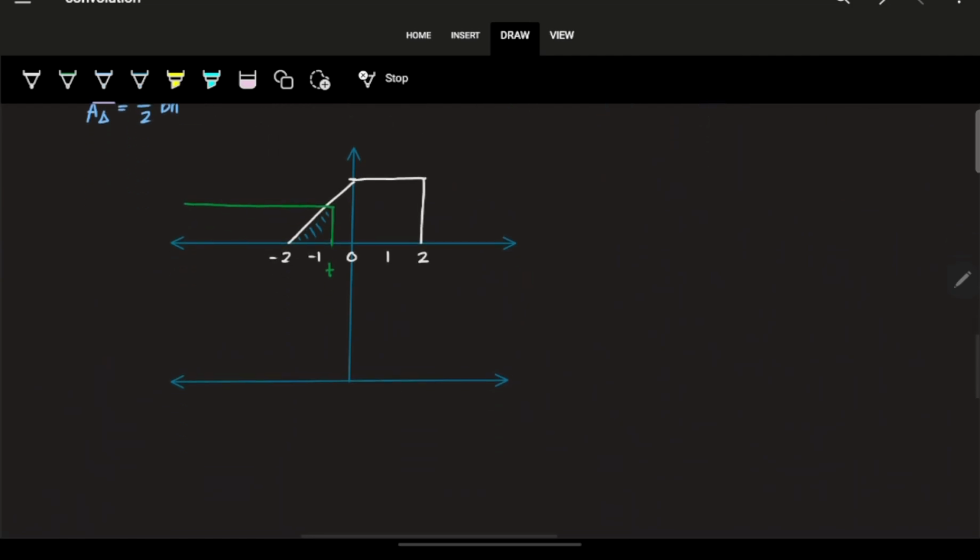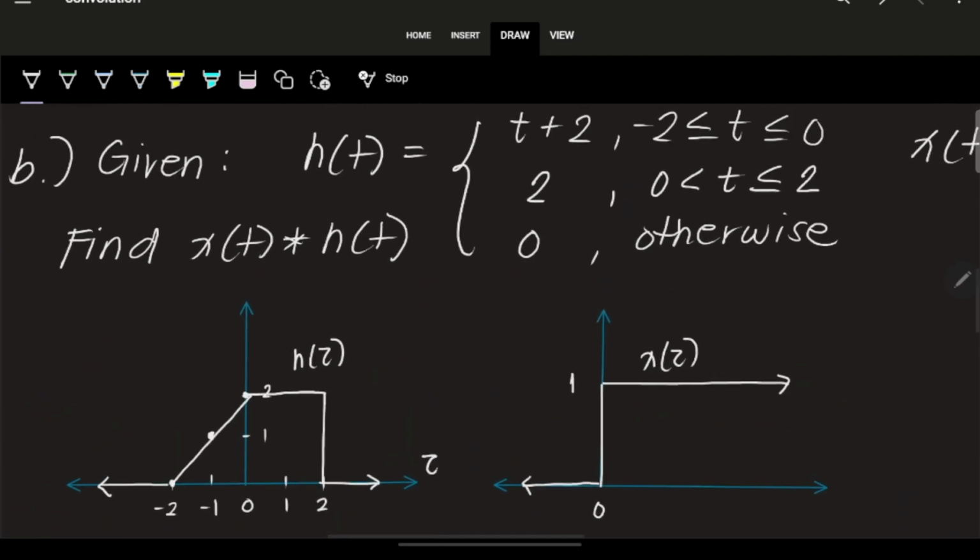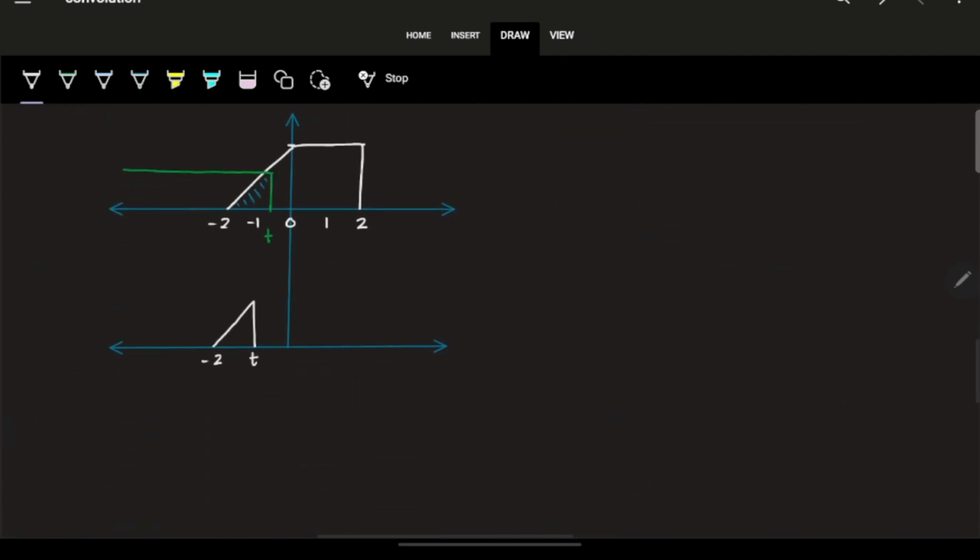So let's use this formula. Ano ang itsura ng graph natin diyan? Between -2 and t, we are getting a triangular signal. So let's get the area. The amplitude here is defined by the piecewise function t plus 2.